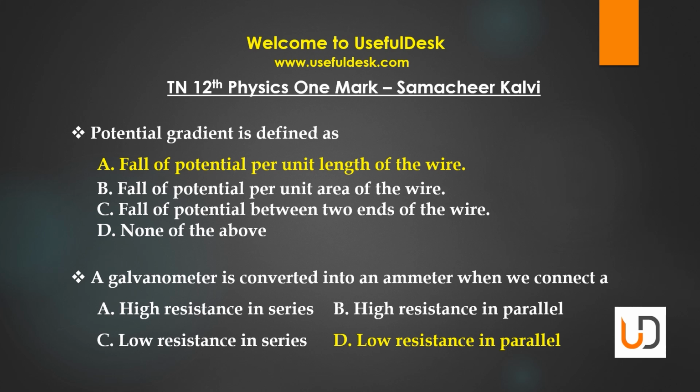The next question is, a galvanometer is converted into an ammeter when we connect a. The options are high resistance in series, high resistance in parallel, low resistance in series, low resistance in parallel. The correct answer is low resistance in parallel.